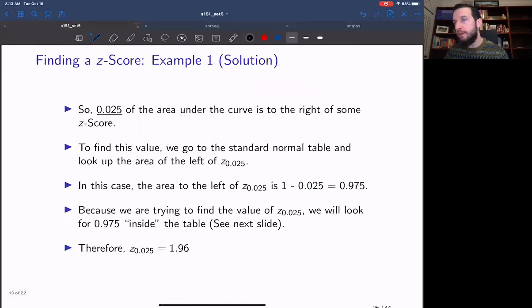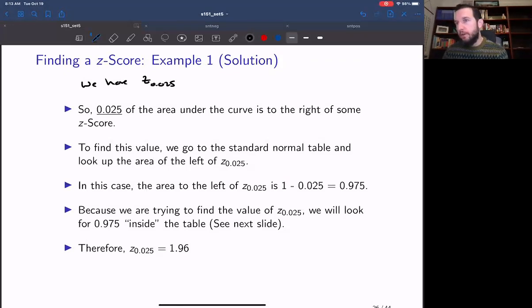So let's consider the example that we are working with right now. So we have Z subscript 0.025. So 0.025 of the area underneath the standard normal curve is to the right or above the z-score that we want. So we want to find the z-score that has 0.025 of the area under the curve to its right or above it.